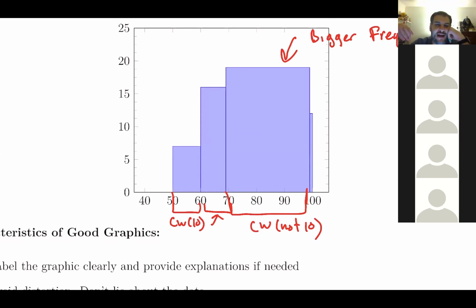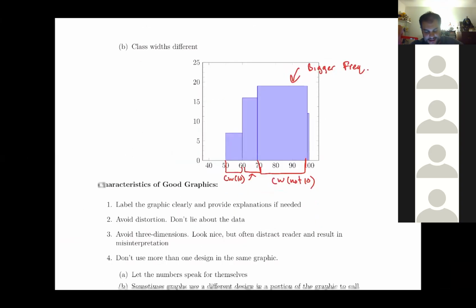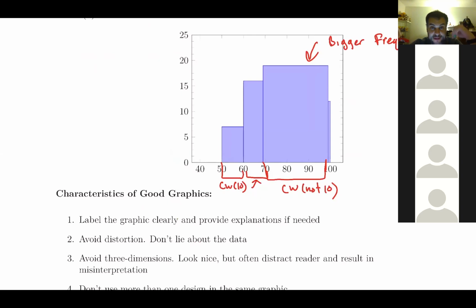So anytime you're looking at graphs, you don't want to just look at the graph. You want to see, is it starting off at 0? How are they defining the class width, so that we can make sure they're not overlapping and stuff like that. All right, but that's pretty much it for chapter 2.